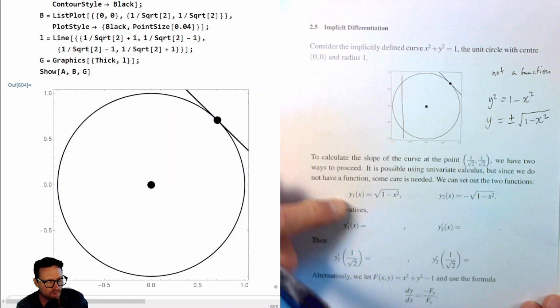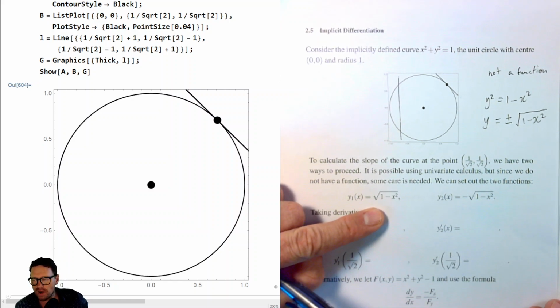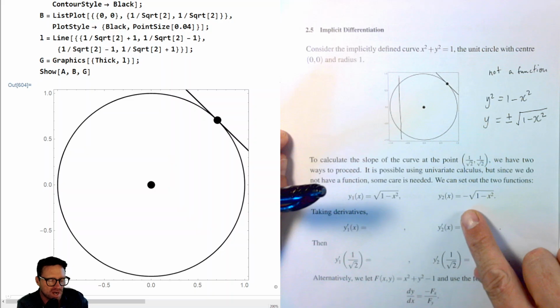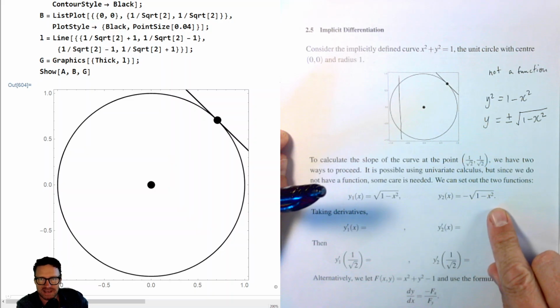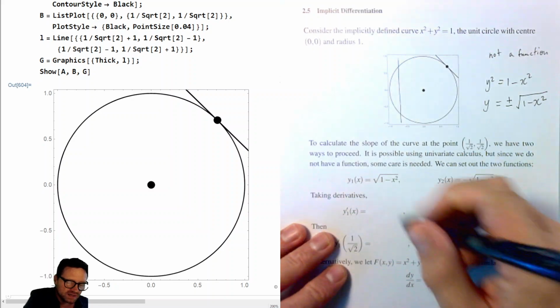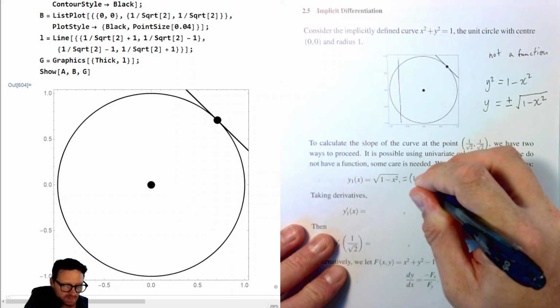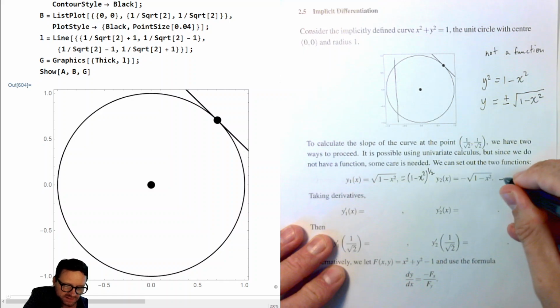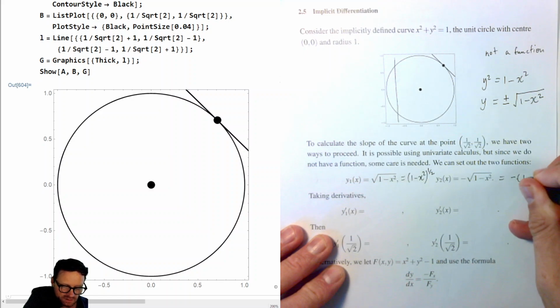Okay, so that would be y1 is plus the square root of 1 minus x squared, and y2 is minus the square root of 1 minus x squared. So let's differentiate these, because we can write this as 1 minus x squared to the power of a half, and this one as minus 1 minus x squared to the power of a half.